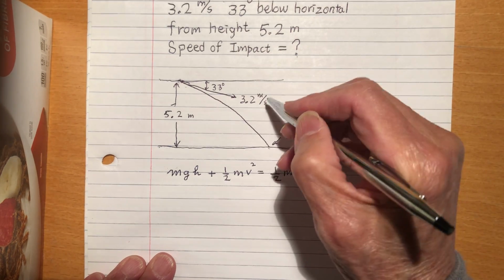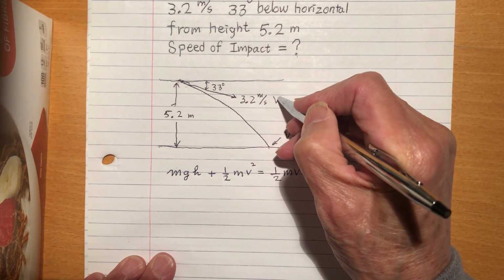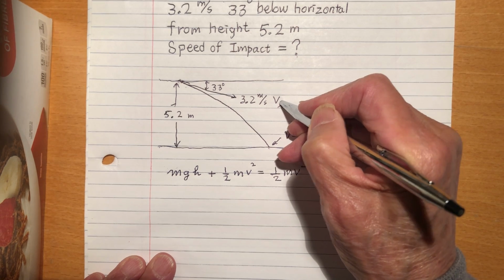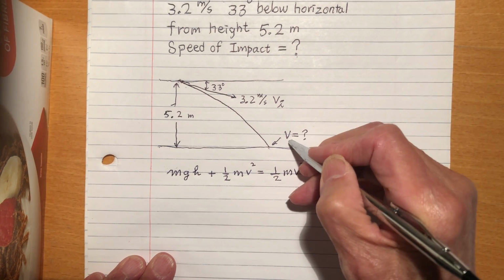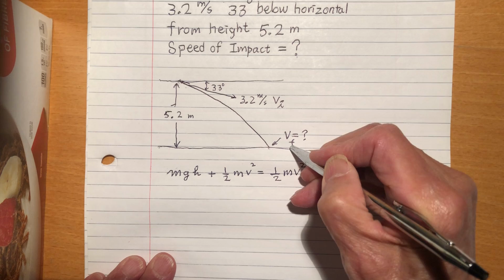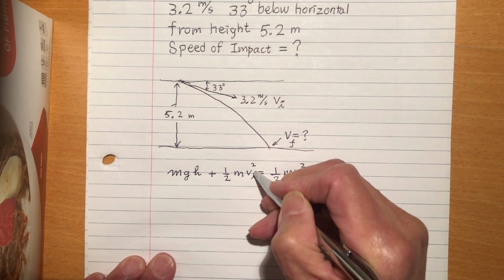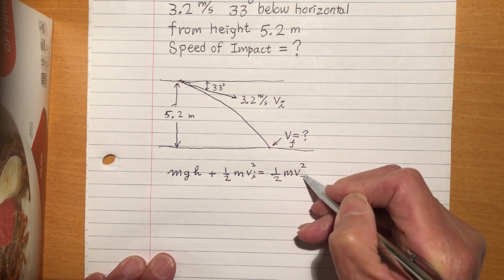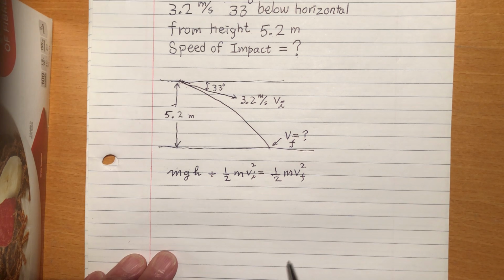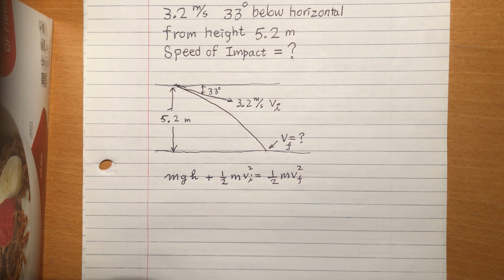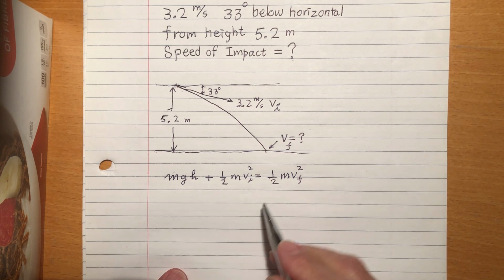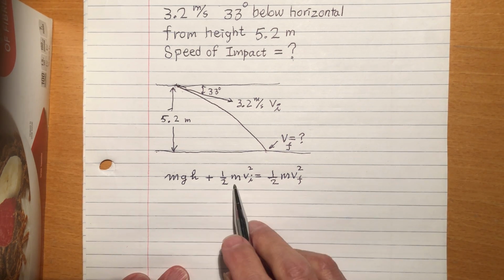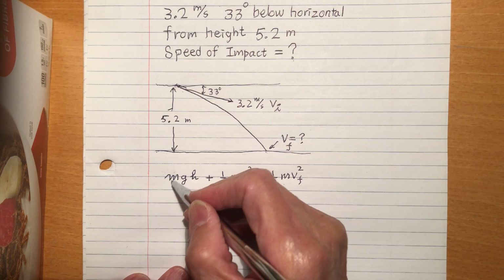So this is V initial, and this is V final. See again, the M can be cancelled.